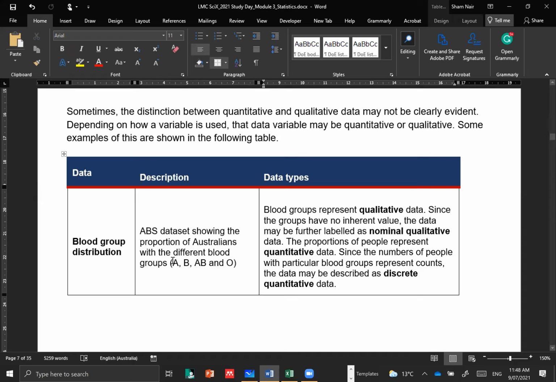However, as soon as you start putting numbers into that, say the proportions of Australians who are A blood group, or who might be B, and so on, we actually change that variable from nominal qualitative to discrete quantitative. So we're still looking at the same variable, but determining whether it's qualitative or quantitative depends on what you're trying to do with that variable. That's something to bear in mind.